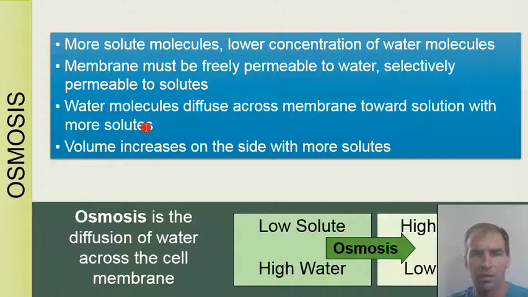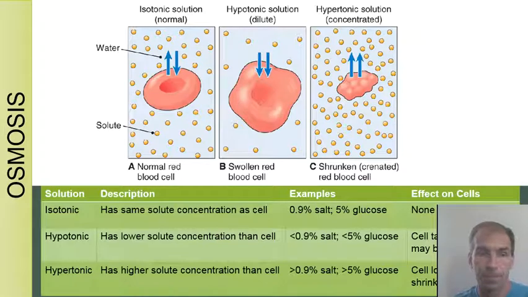We're going to talk later on in the semester about water. Water is going to play a role in electrolytes. We'll talk about that when it comes to the kidneys. But this movement of water is a key process, another key thing that we need to move across the cell membrane. Okay.